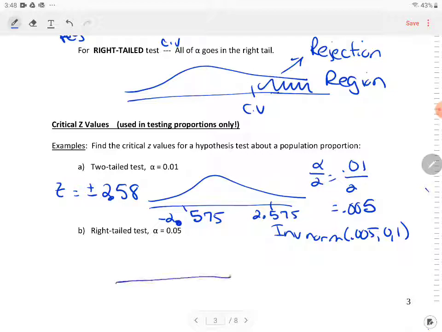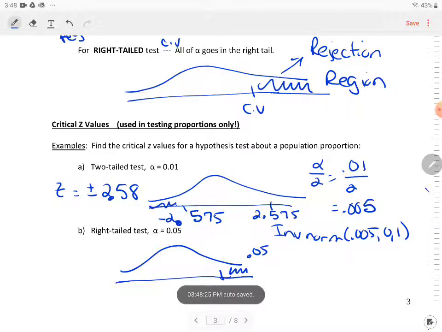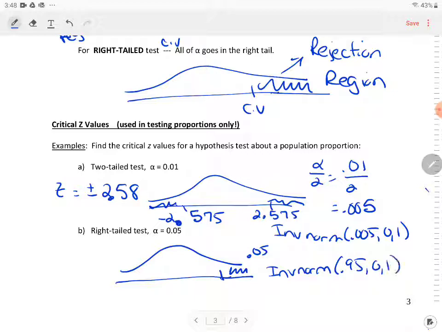Now, if you have a right-tailed test, where's the right tail? Appears to the right. This is all of 0.05. That whole area there is 0.05. Here we had to split it up. So you're going to do inverse norm, and remember, it's area to the left, so you have to do 0.95, 0, and 1.